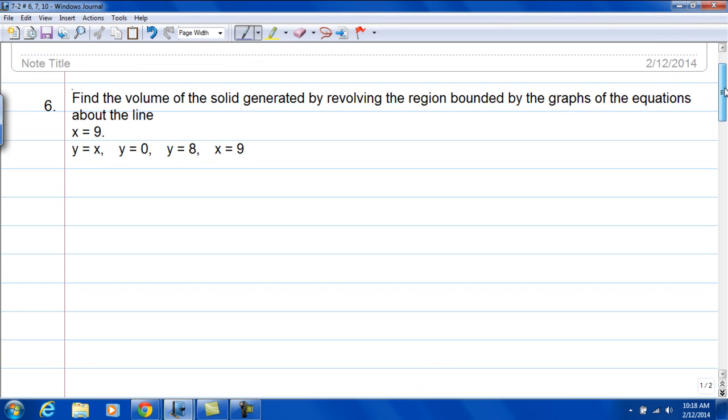Okay, so 6 says, find the volume of the solid generated by revolving the region bounded by the graphs of the equations about the given line. So we have x equals 9 as the given line. So let me draw my little axis system. So we'll call this 9.